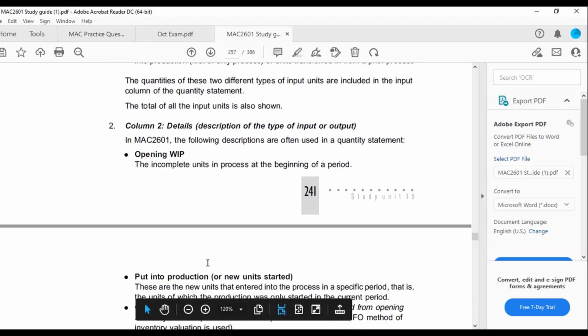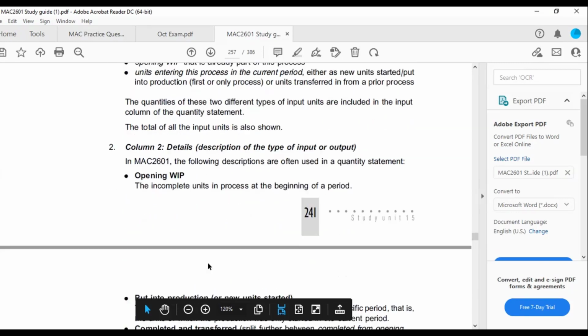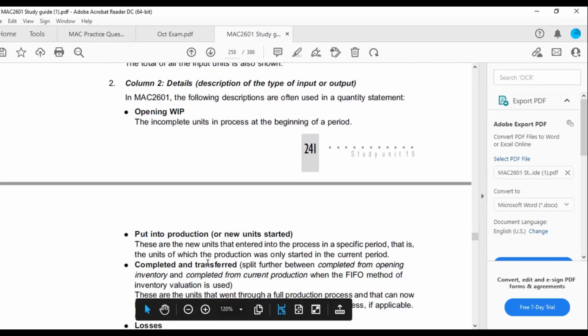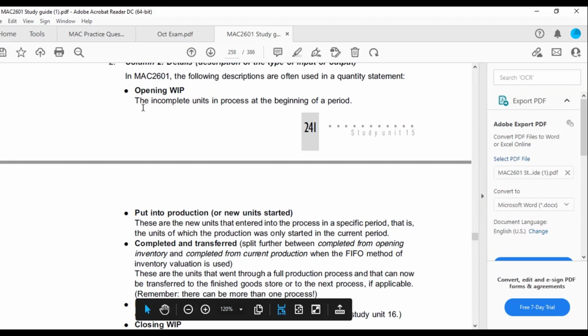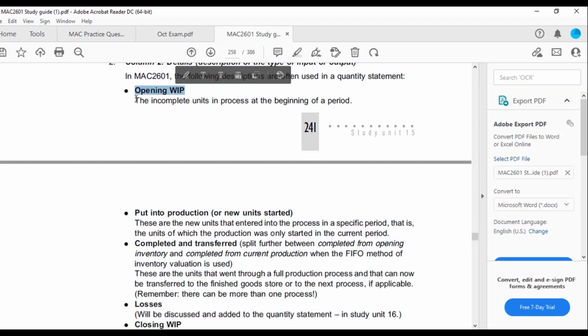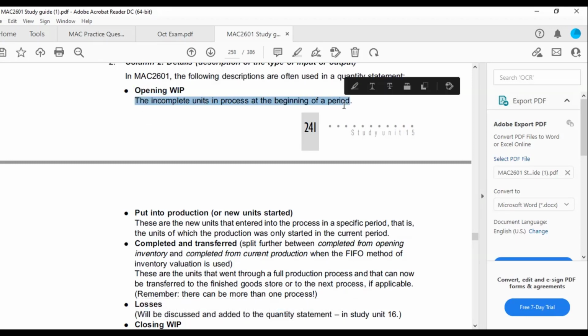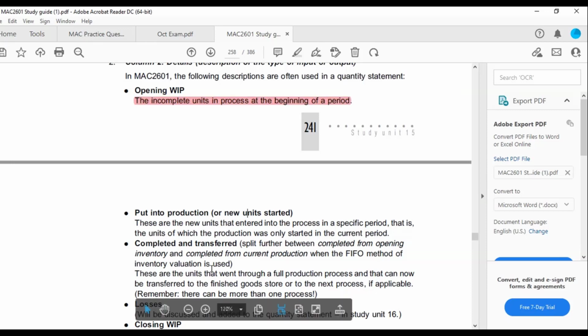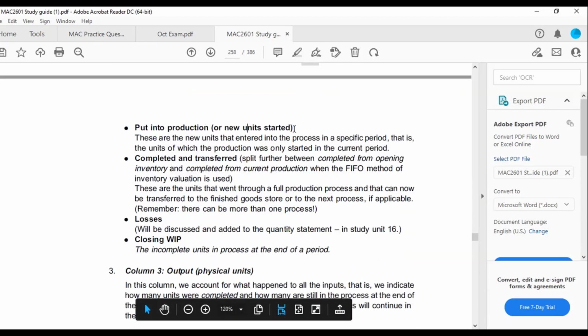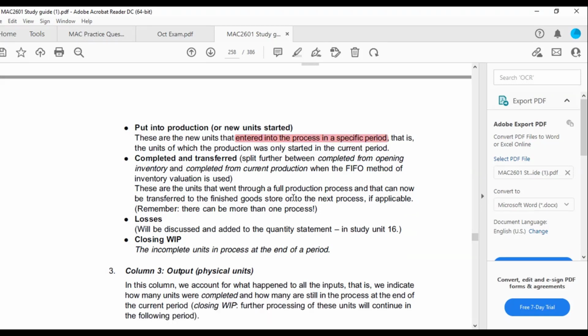Then column 2, which is details. You will say opening WIP, the incomplete units. So you are just defining them. Put into production, these are the units that entered this process in this specific period.